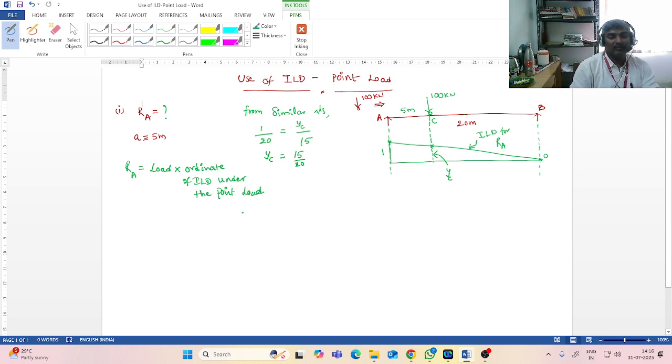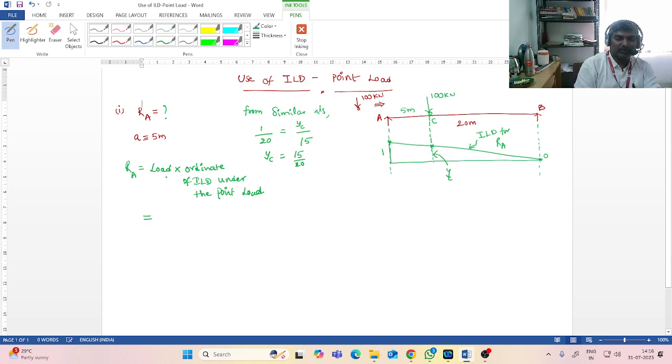Got it? So if you want the reaction at A, you need to multiply simply the load value by this ordinate of the ILD, that means the height of the ILD here.